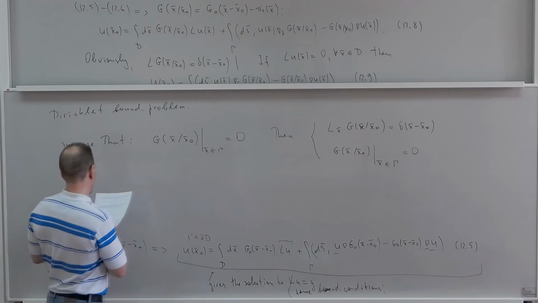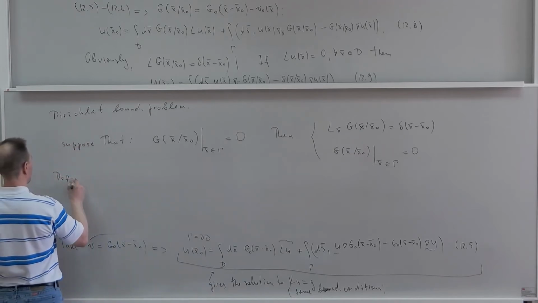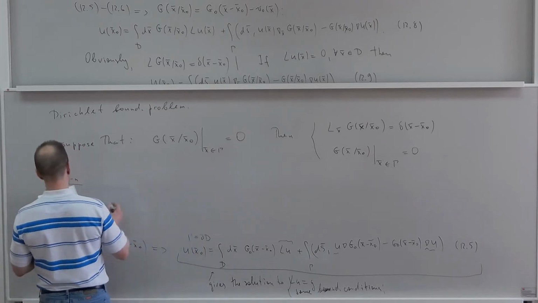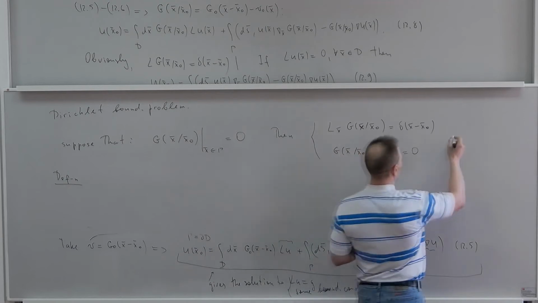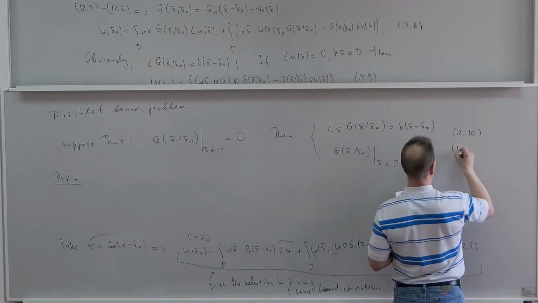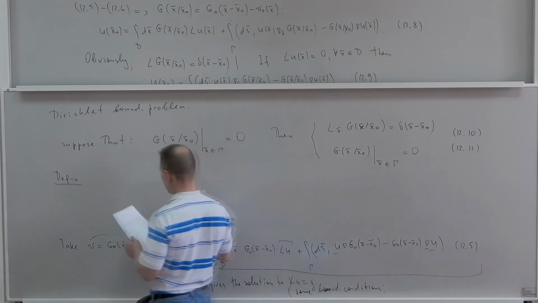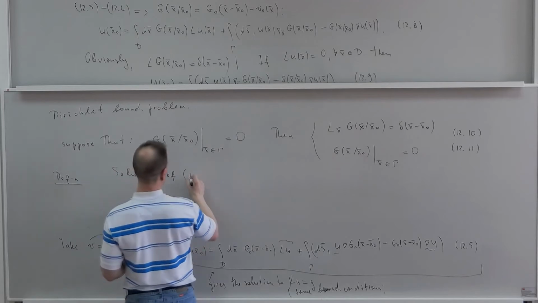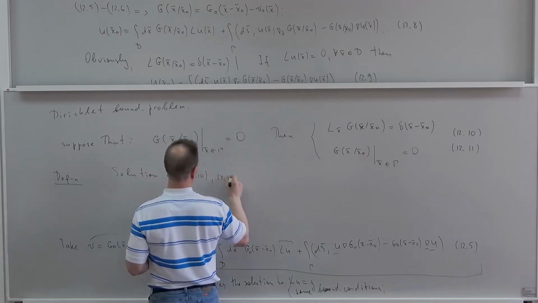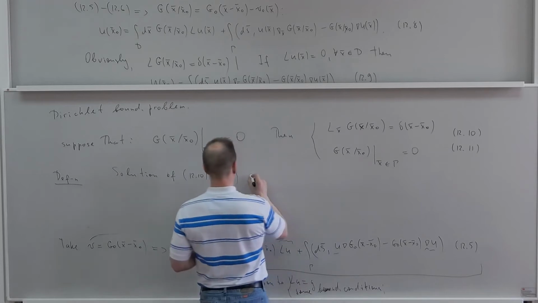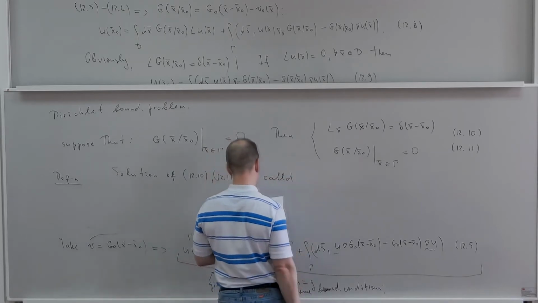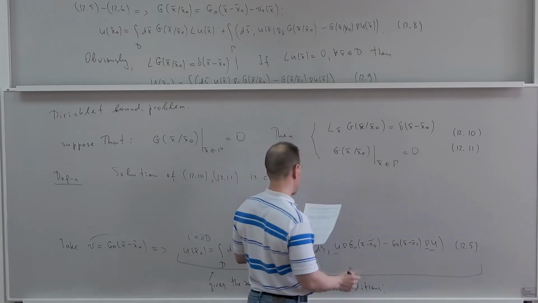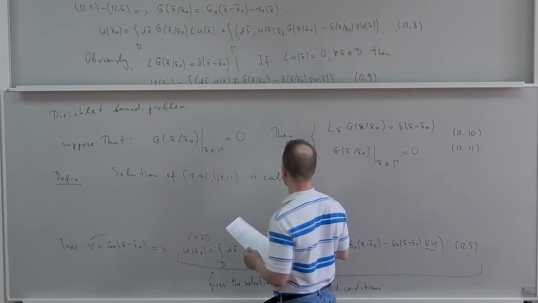And by definition, the solution of this system of equations is called the Green's function for the Dirichlet boundary problem.